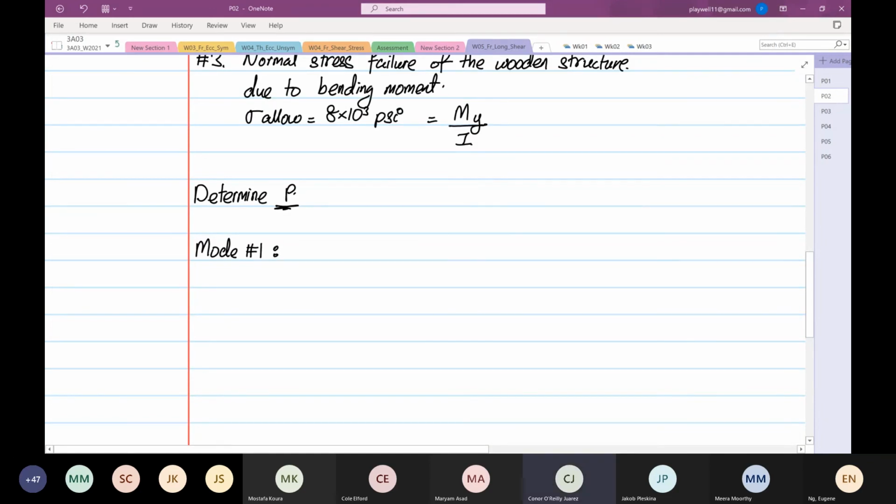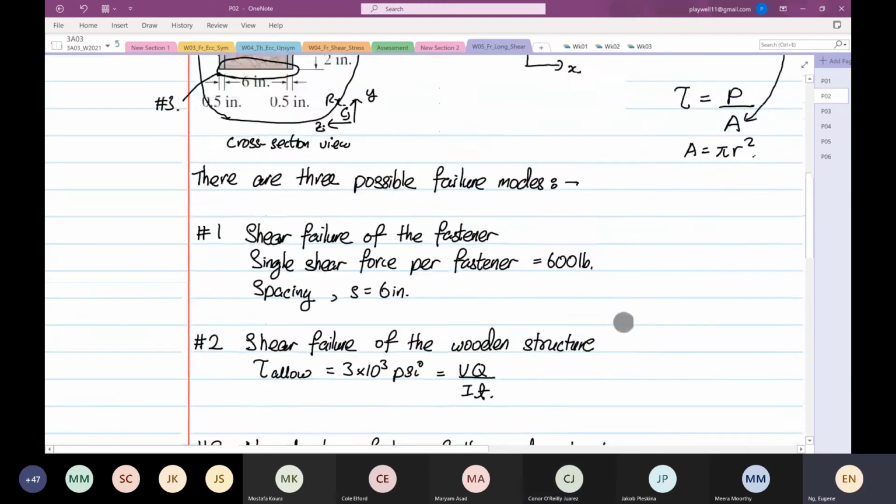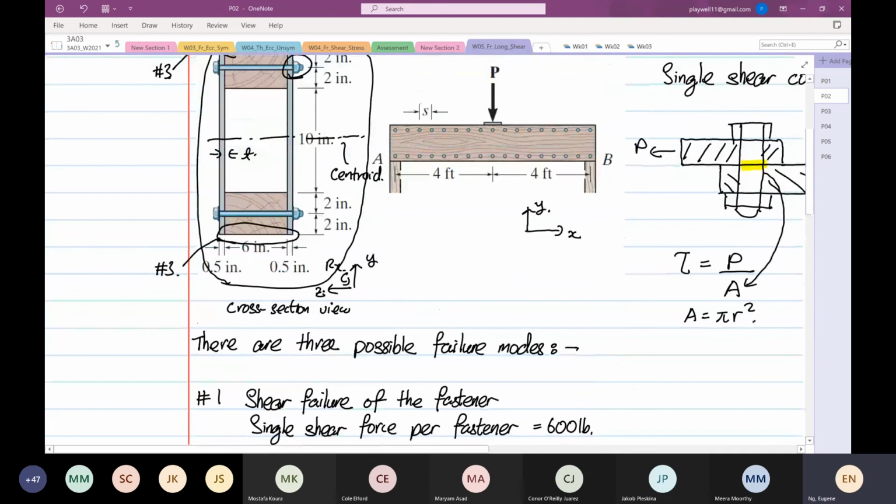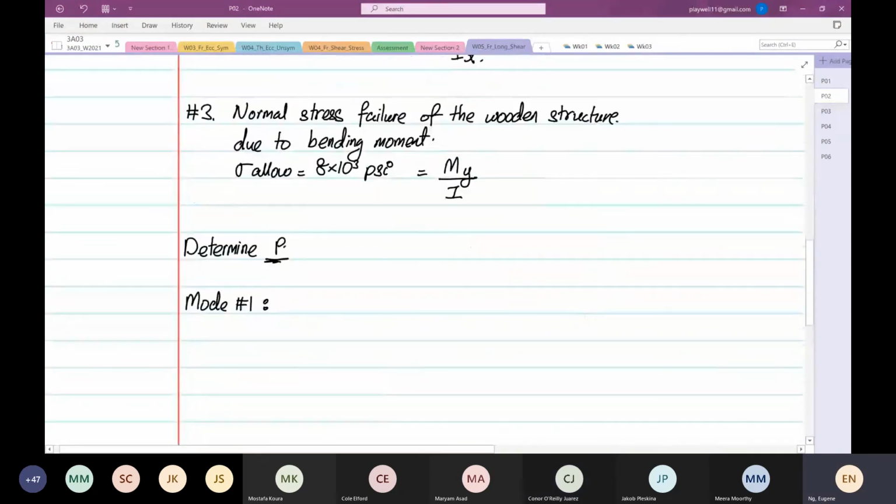Wait, sorry, wasn't P given to us as 8 KSI? No, P we don't know. We have to find P. If you look at the question, we are tasked to find what is P. Okay, so now let's do mode 1.